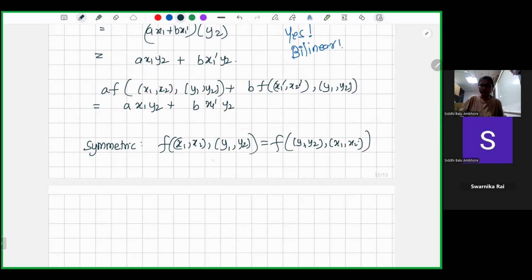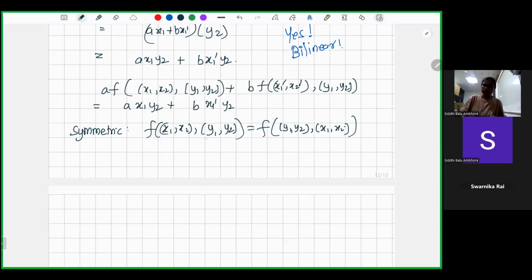But what is this? I'll just write this here. This is equal to x1 y2, and this is equal to y1 x2, and they are definitely not equal. So it is not symmetric.